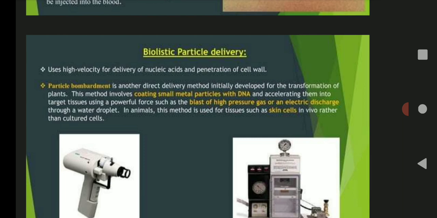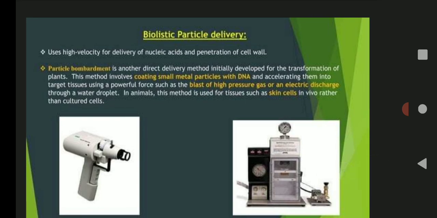Normally the forceful blast of the biolistic particles takes place with the help of argon or helium gas in the piston, so that it is incorporated into the plant cell. In the same manner, this method is used to transfer the DNA into the skeletal cells of the animal.